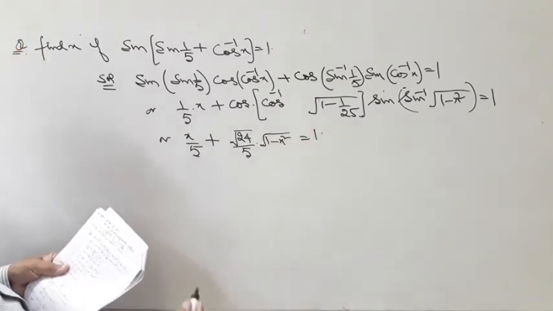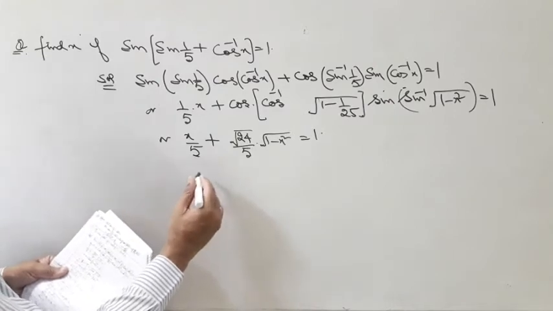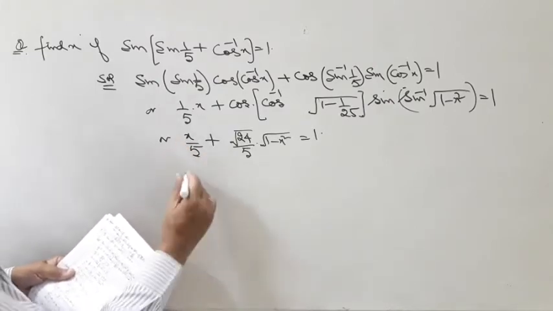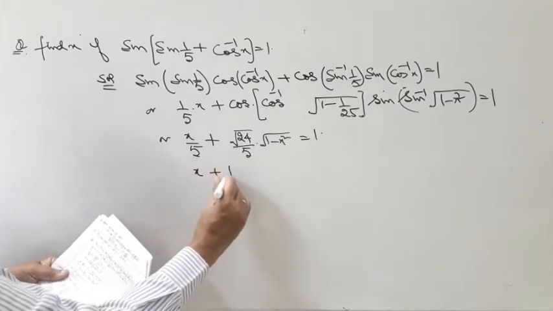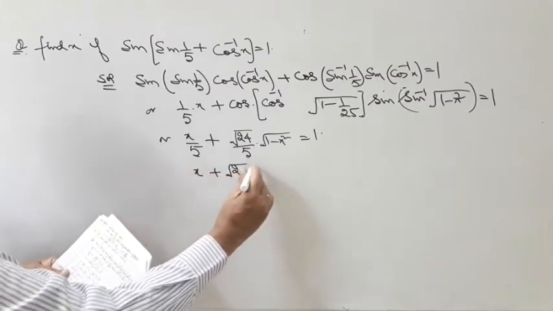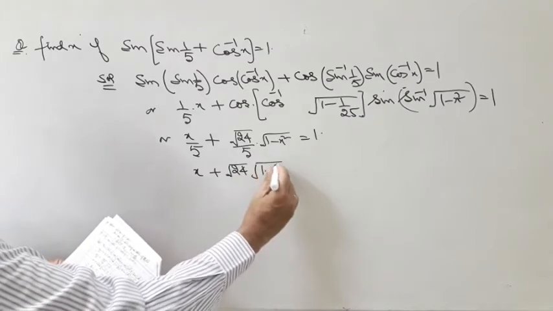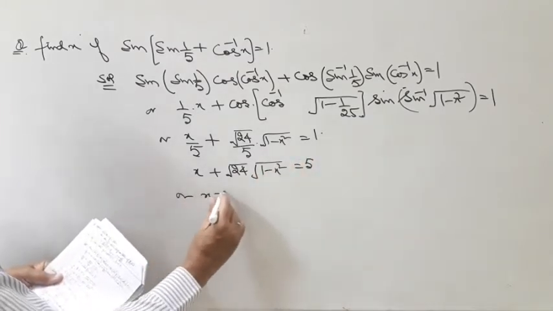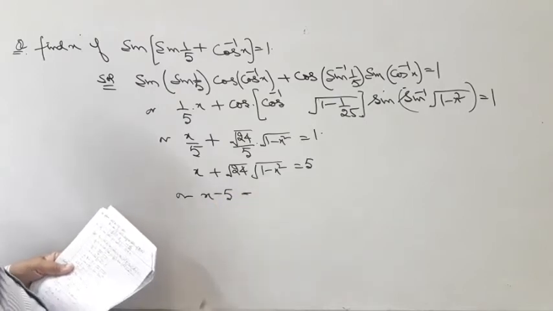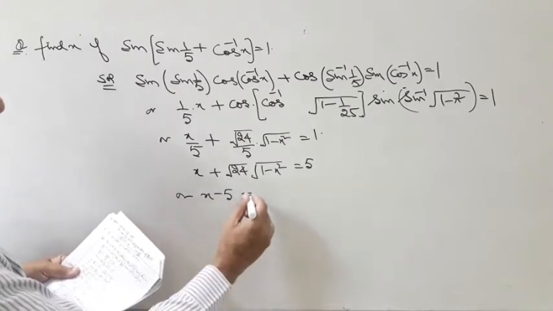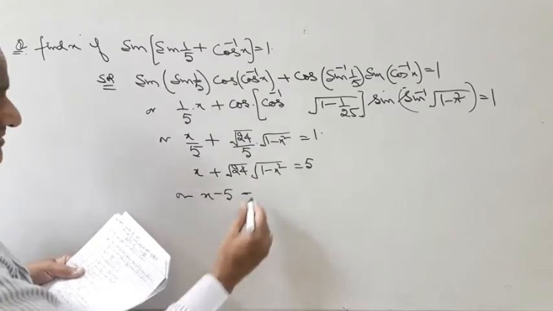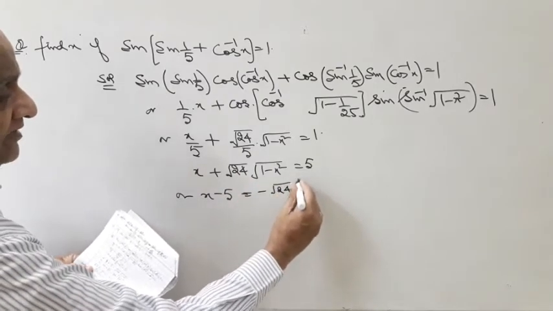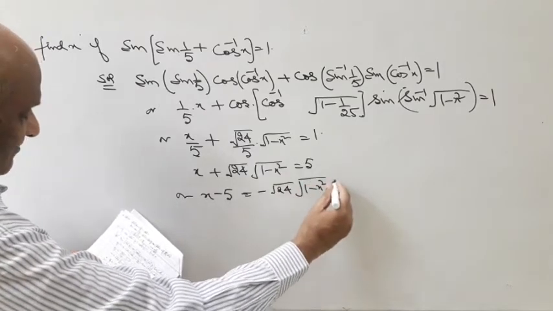Or we can say that we have x upon 5. Now please see here, it is x plus under root 24 under root of 1 minus x square is equal to 5, or x minus 5 is equal to, when you transpose it on the right hand side, minus under root of 24 under root of 1 minus x square.